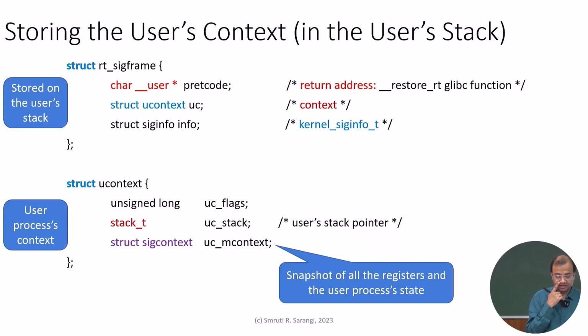So the idea here is that when I am calling a function, let's say the kill function, to send a signal, and then the OS is sending a signal, you actually need a lot of coordination between the process, the library functions, and the kernel.